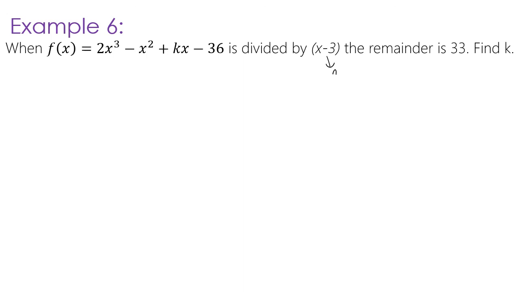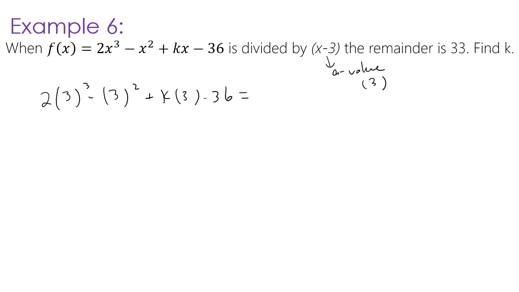All you have to remember is that that's your a value, 3. So when I put 3 in for the x's, we know based off of remainder theorem, it tells us it's 33, so the whole thing equals 33.